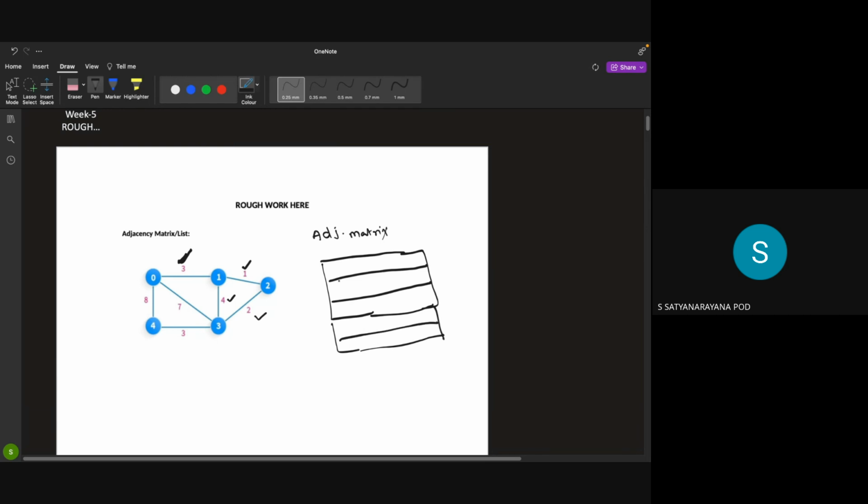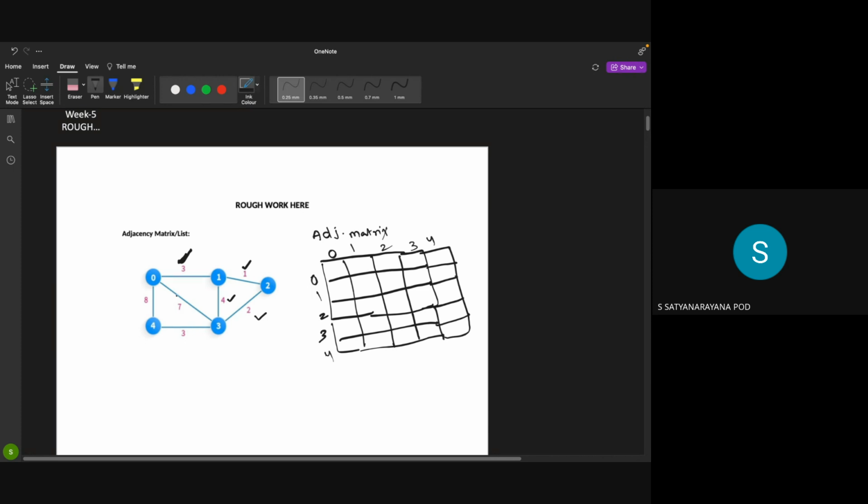Let's see what is in each cell. These are the vertices: 0, 1, 2, 3, and 4 along the rows, and similarly 0, 1, 2, 3, and 4 along the columns.